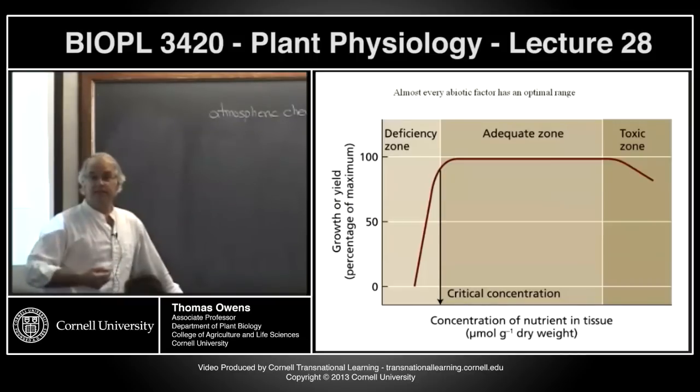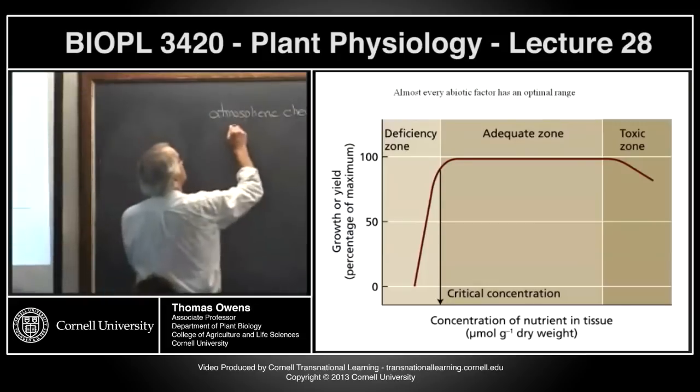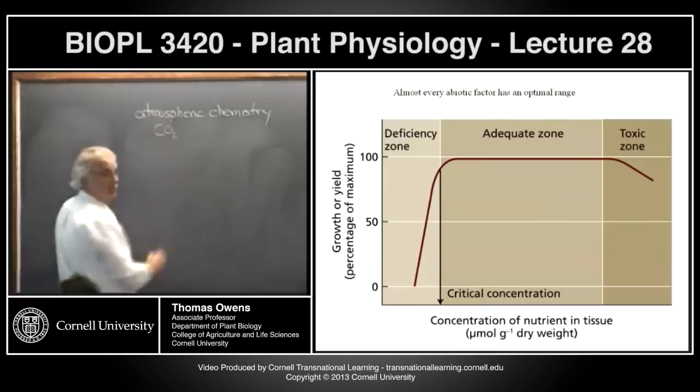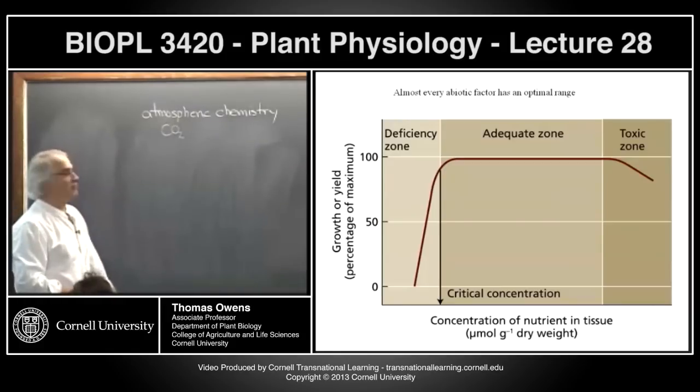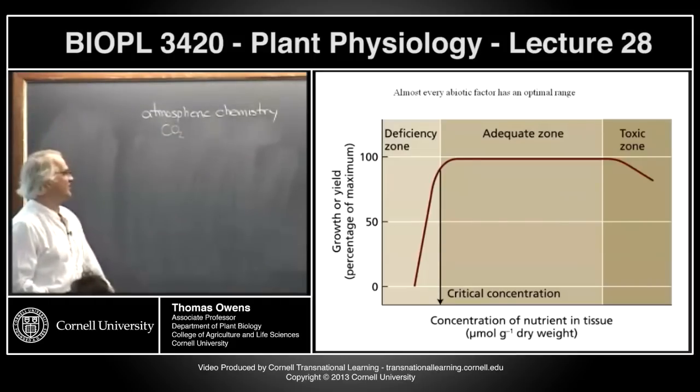Say that again? Yeah, okay, so CO2 limitation. What else? Well, sunlight's not really part of atmospheric stuff, right? It goes through the atmosphere, but let's not include it in the same category as CO2.